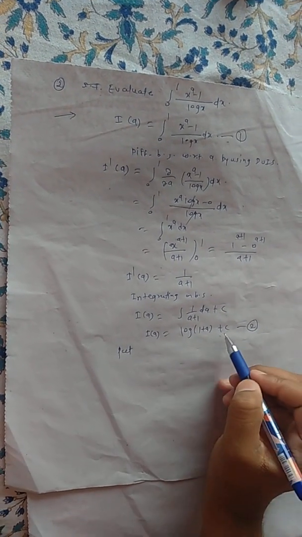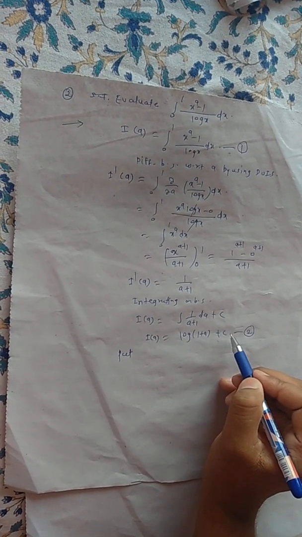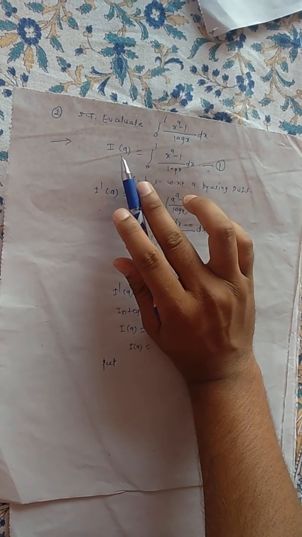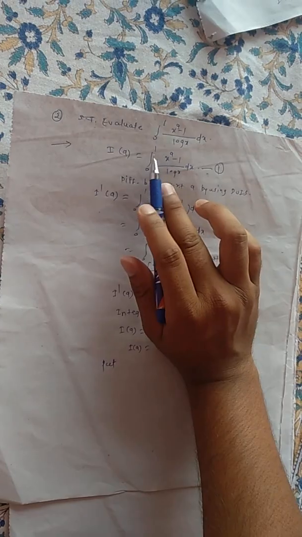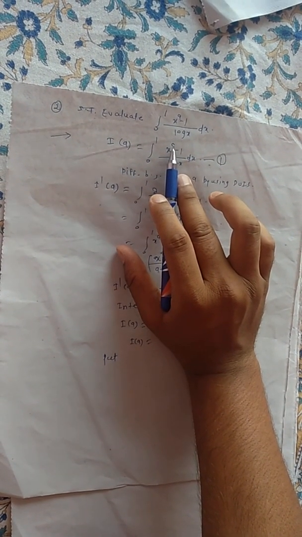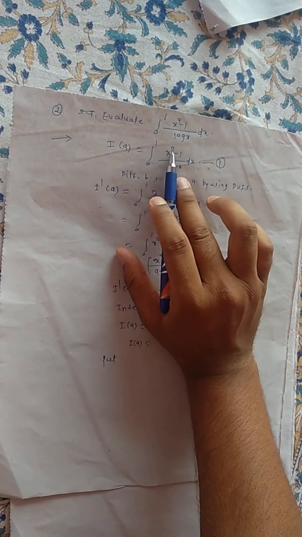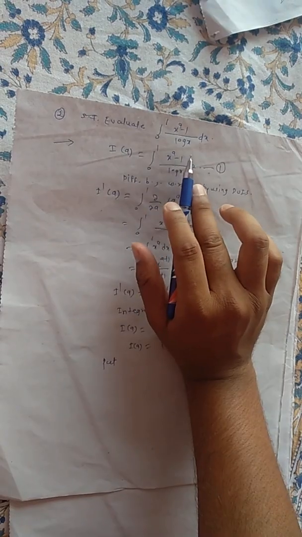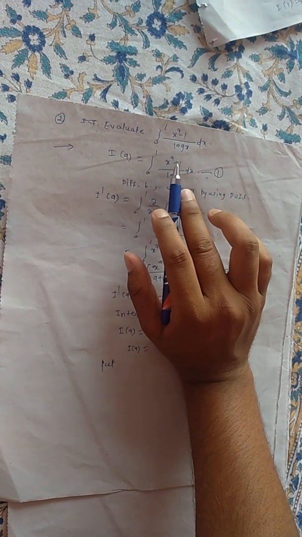So therefore we want to find the value of this constant c. For that purpose I'll put a is equal to some constant here, so that this integral becomes 0. Now if I put a is equal to 0, x raised to 0 is 1, 1 minus 1 becomes 0, and the value of the integration becomes 0.